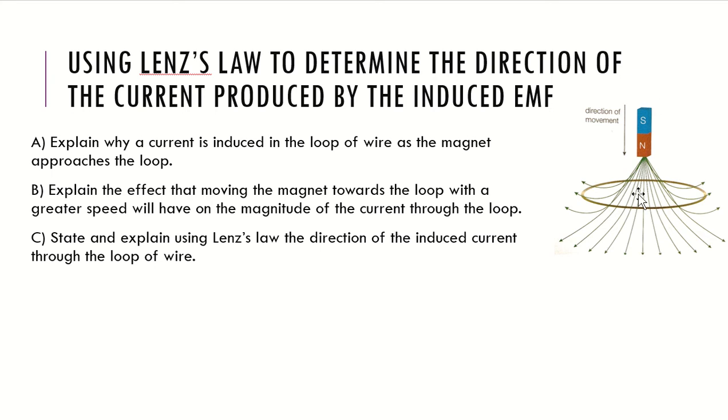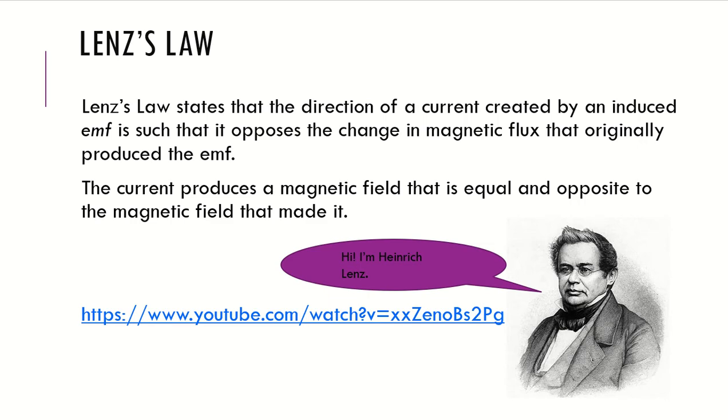A current is created inside. When we move the magnet down, it increases the flux, and that flux induces an EMF and hence a current through this wire. The direction of the current, which is what Lenz's law is about, is in such a direction that its magnetic field opposes the magnetic field that created it in the first place. The current produces a magnetic field that is equal and opposite to the magnetic field that made it.